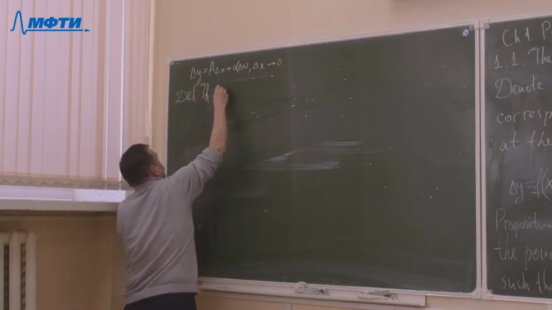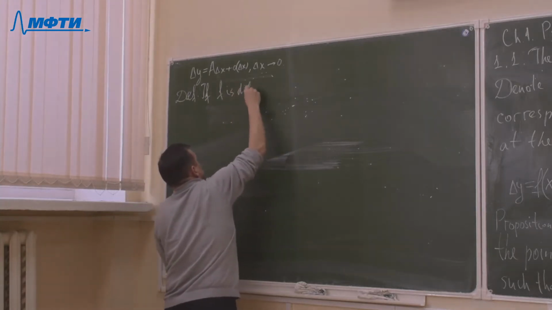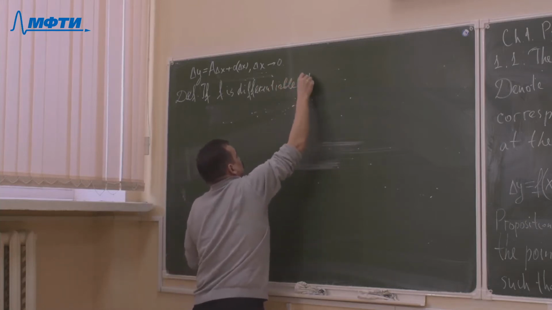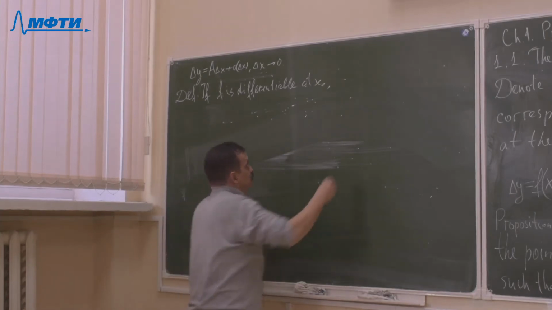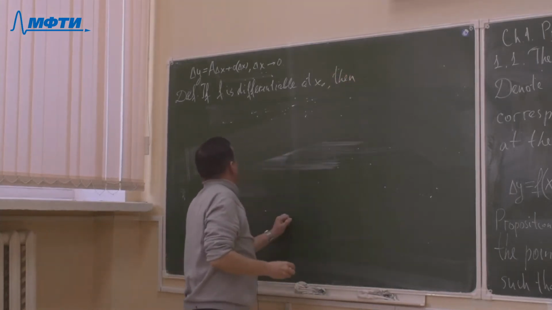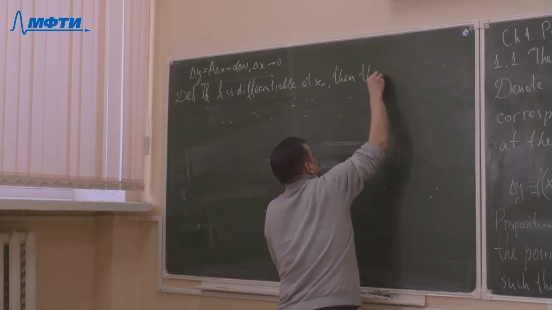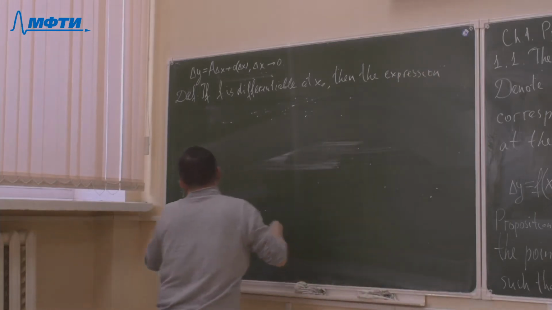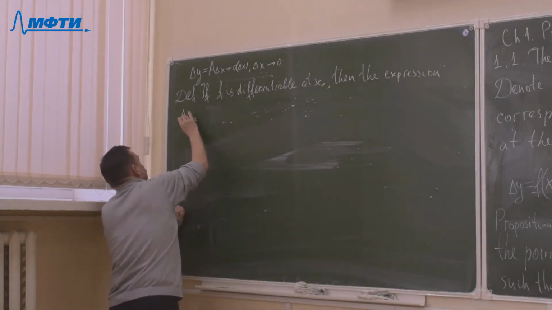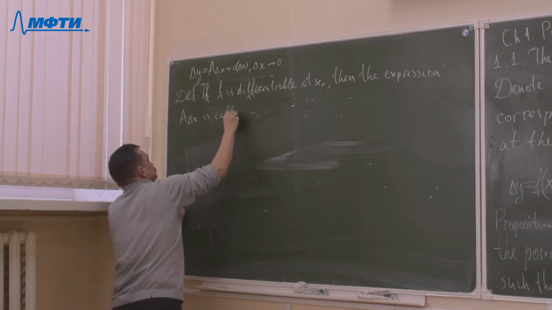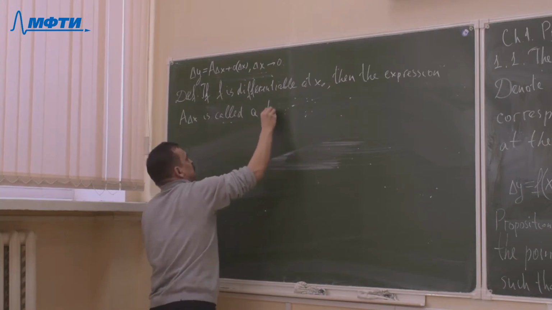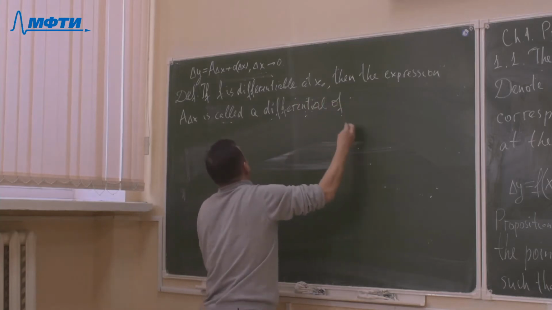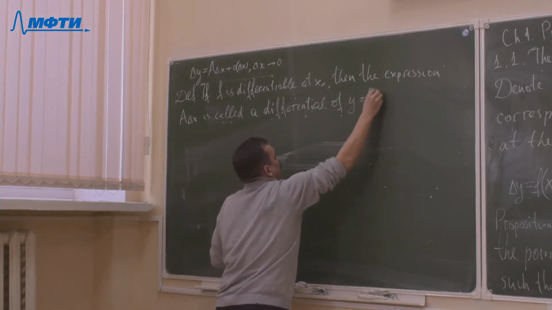If f is differentiable at x naught, then the expression A delta x is called the differential of y equals f of x.